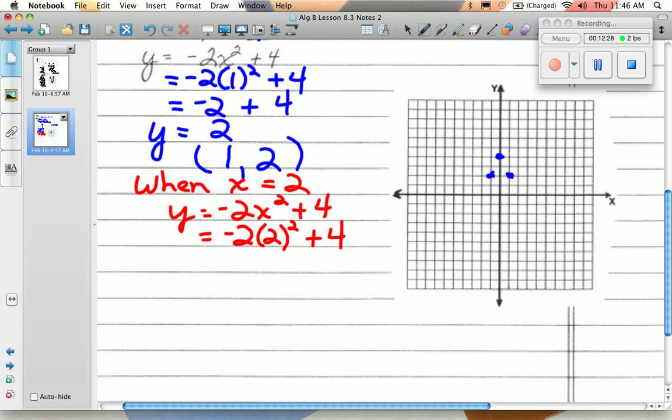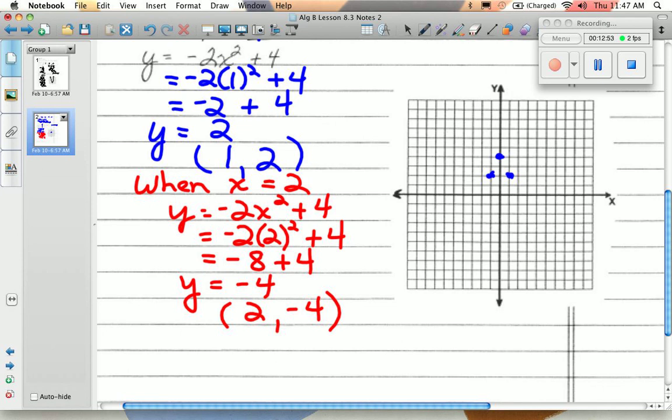Two squared is 4. 4 times negative 2 is negative 8. Negative 8 plus 4 is negative 4. Okay, what's our ordered pair? 2, negative 4.